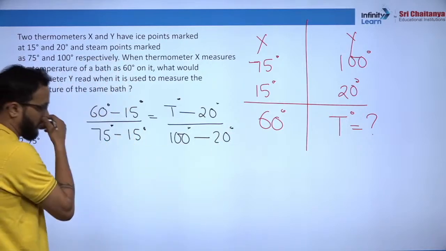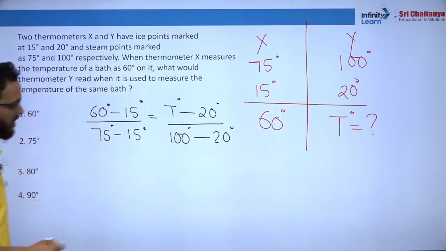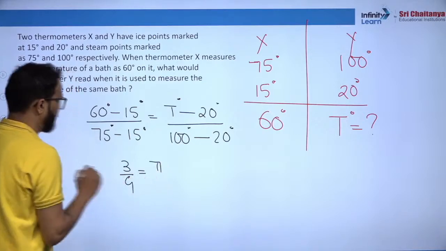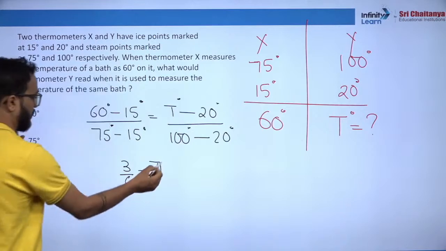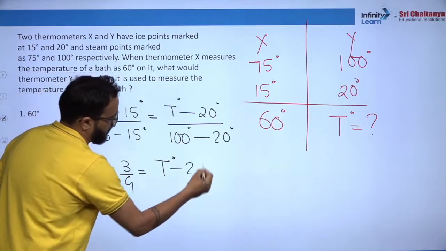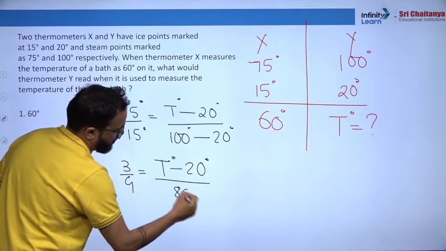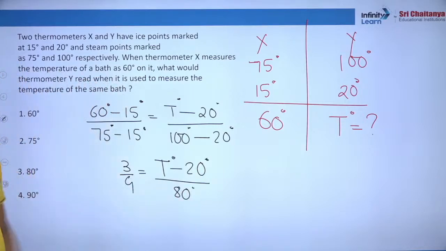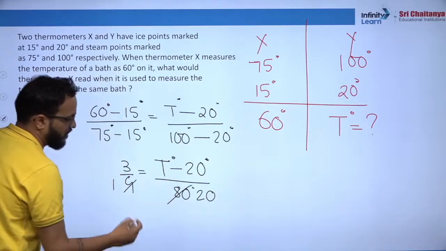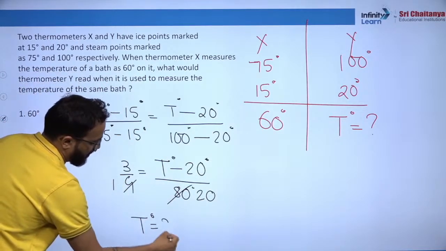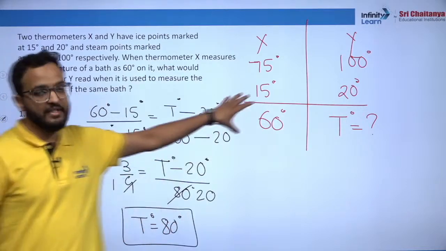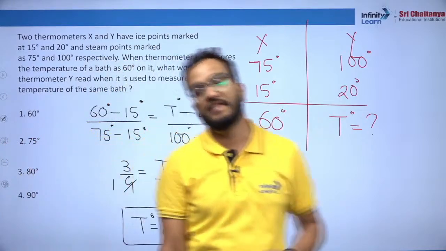So this is going to be how much? 45 upon 60, that is 3 by 4. 3 by 4 is equals to t minus 20 upon 80. Can you see this? 4 and 80. So 4 1s are 4, 2 3s are 60 plus 20, 80. So this will be 80. So 60 degrees in scale x will be equals to 80 degrees in scale y.